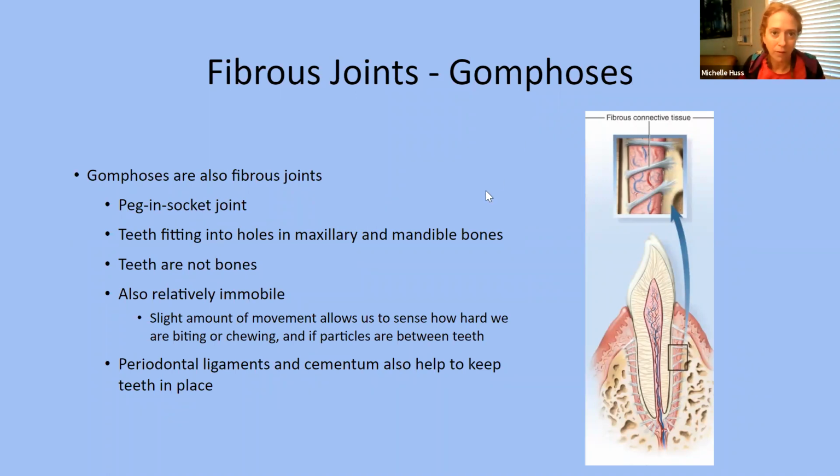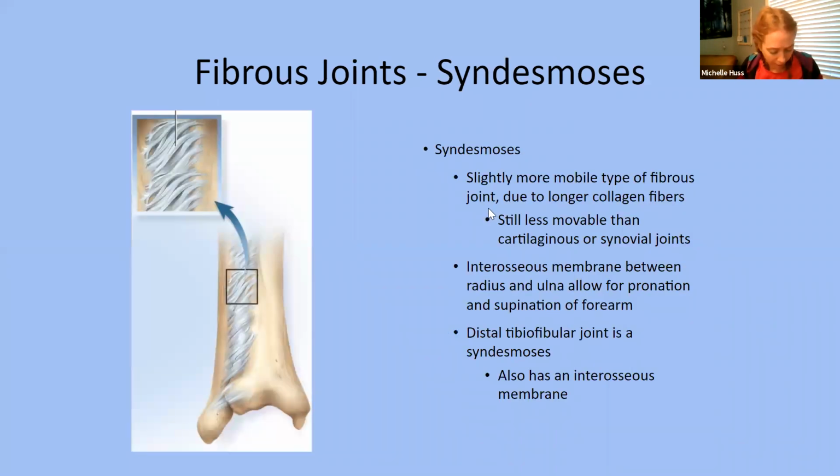So these are examples of the different types of fibrous joints. And I think the last one we need to know is syndesmosis. Syndesmoses are slightly more movable, but they really don't move that much. A great example is your tibiofibular joint. It's a bunch of cartilage, a bunch of connective tissue between these two.